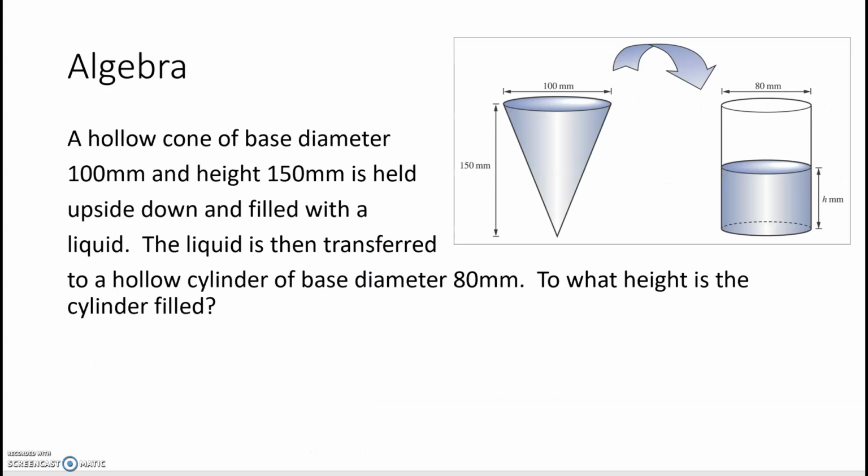Okay, the next one, another physical one. We need to remember the volume of a cone. So the volume of a cone is going to be a 12th pi d squared h. So that means that the height is going to be 12 times the volume over pi d squared.